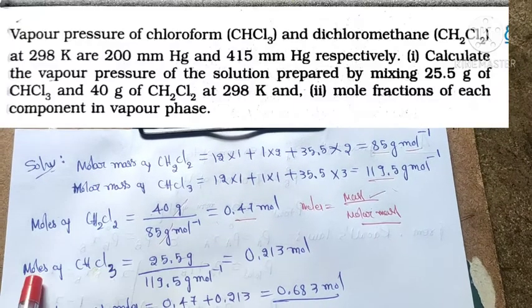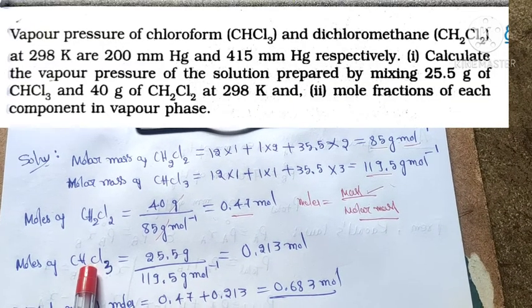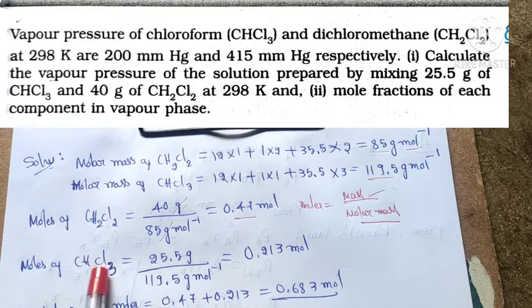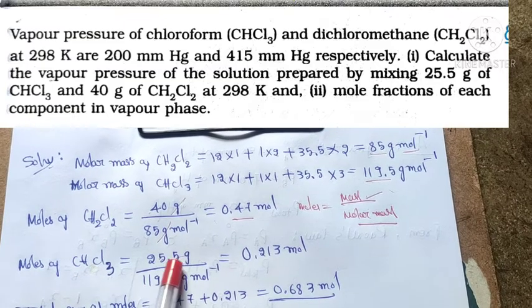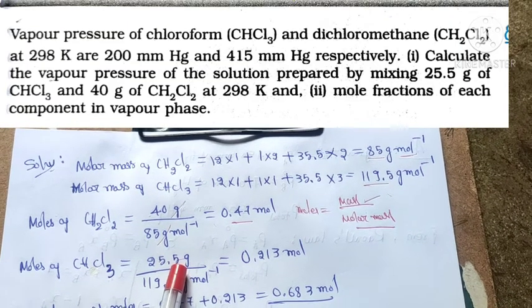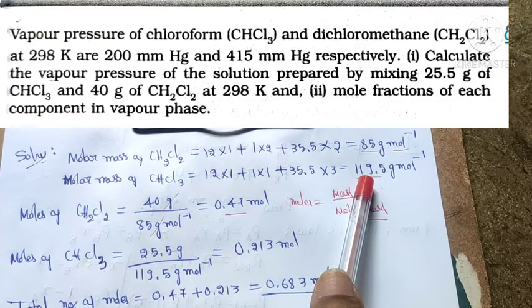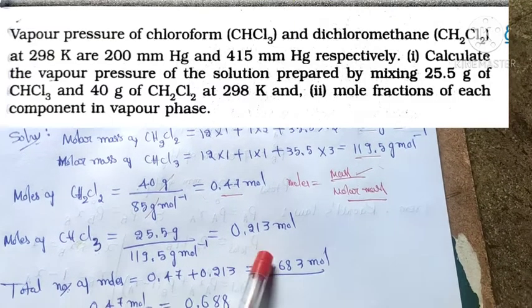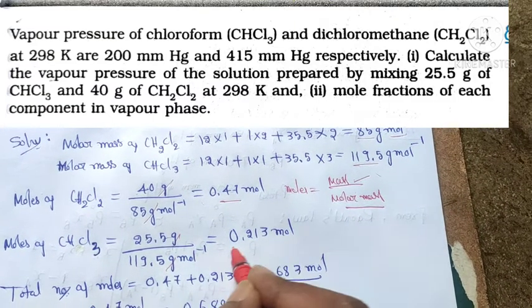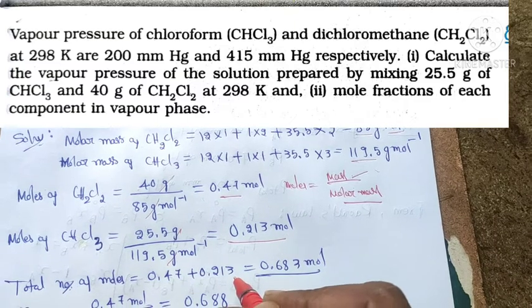Okay, next same as like that, CHCl3, this is chloroform. The mass is 25.5 gram, see the question. Then the calculated molar mass is 109.5 gram per mole, and the answer is 0.213 mole.